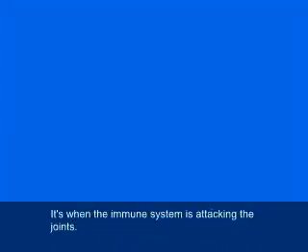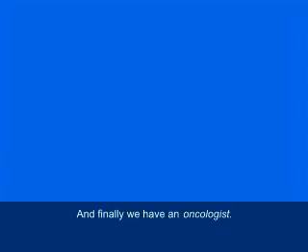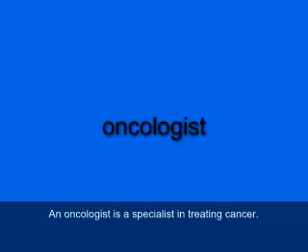It's when the immune system is attacking the joints. And so a rheumatologist is someone who would treat someone with that. And finally, we have an oncologist. An oncologist is a specialist in treating cancer.